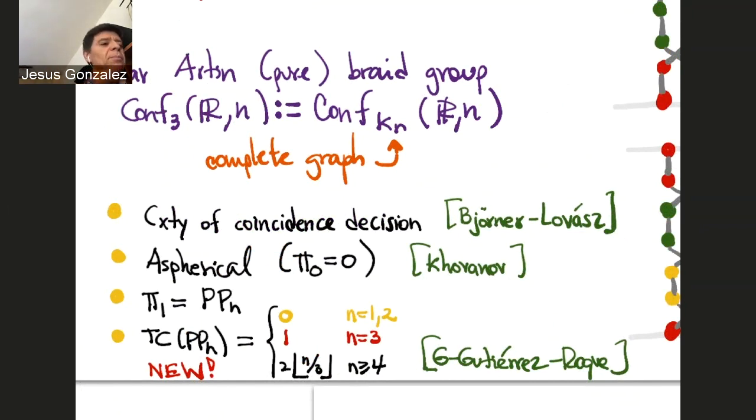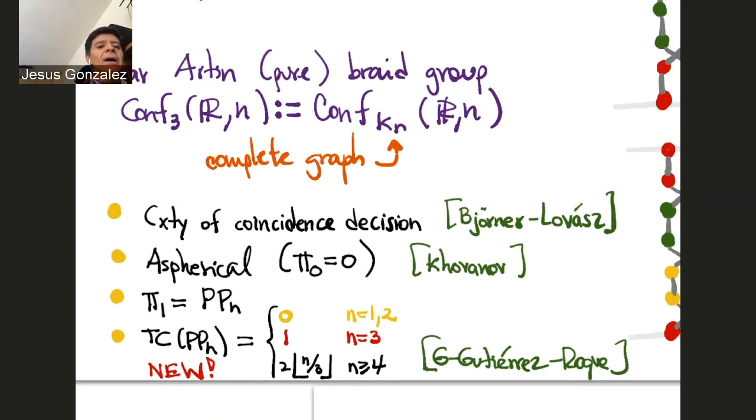But from the point of view of topology, these configurations in R^n are really very interesting because these are the flat analog of Artin's braid groups. Namely, these spaces are aspherical. Their fundamental group is the only non-trivial homotopy group these spaces have.